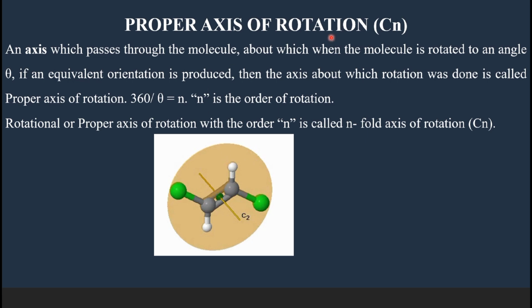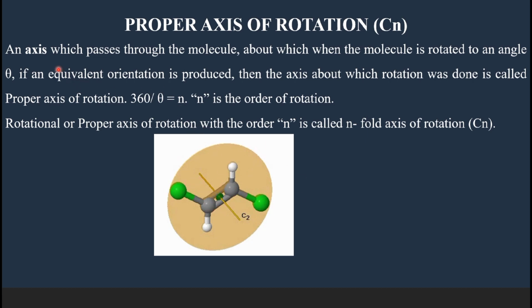Proper axis of rotation. So it is an imaginary axis which passes through the molecule. About this axis, when you rotate the molecule to an angle theta, if you are able to produce an equivalent structure, then the molecule is said to have a proper axis of rotation or rotational axis of symmetry.